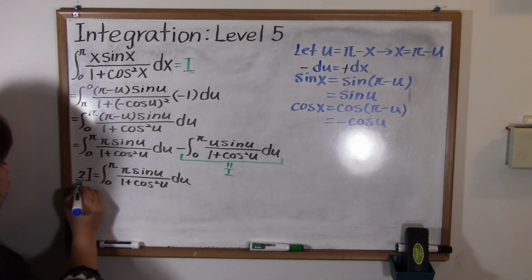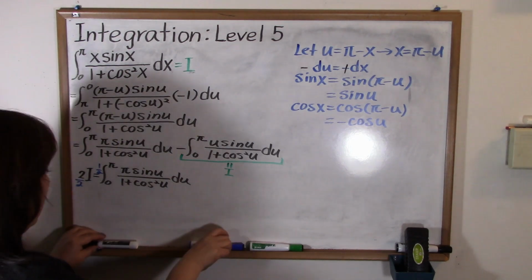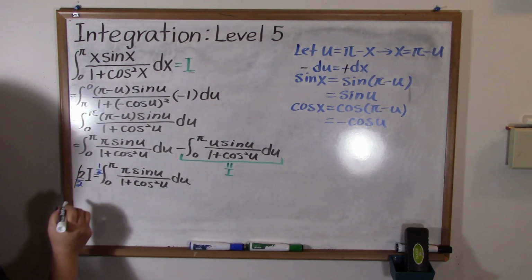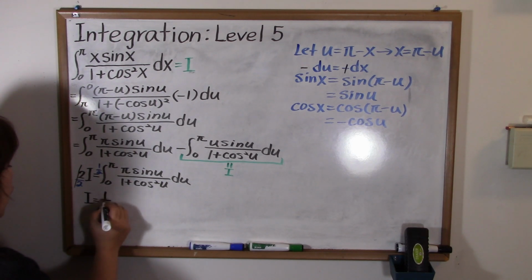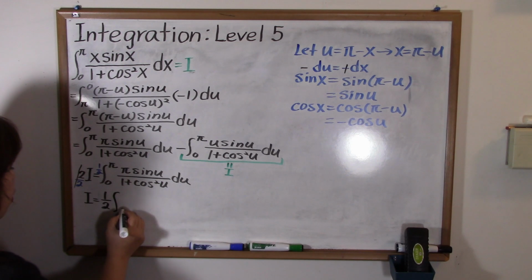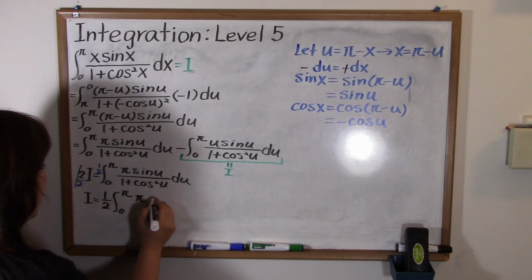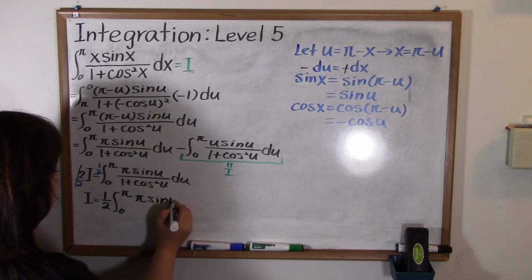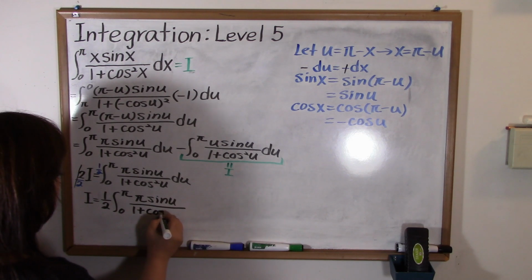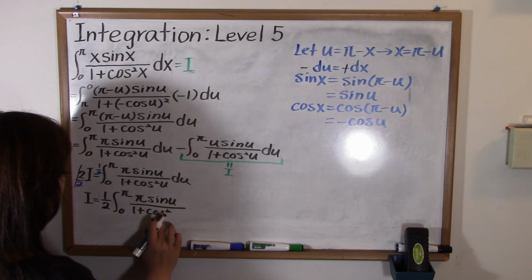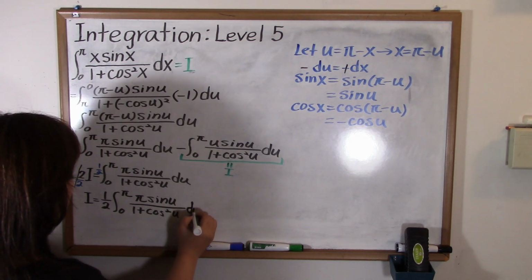So, divide by 2. This is going to be 1/2. And then, this and this will be gone. So, I is equal to 1/2 integral from 0 to pi of pi times sine of u all over 1 plus cosine squared u du.